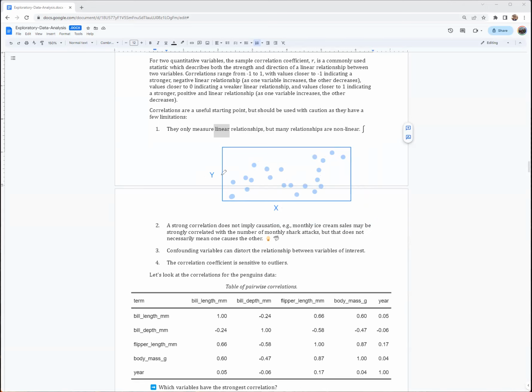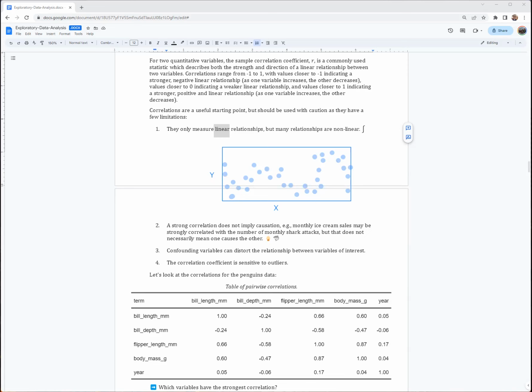In this case, X and Y seem like they do have a relationship. They certainly are informative of each other.